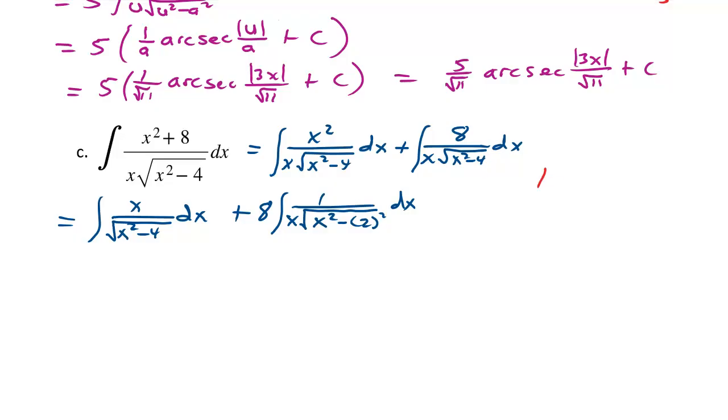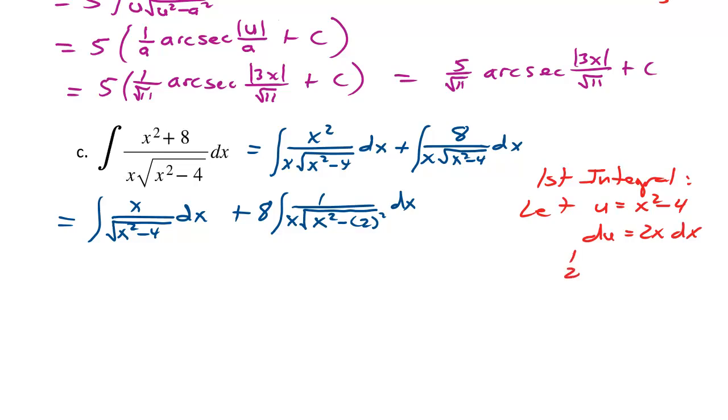Okay, so I'm going to do the first integral. I'm going to let u be x squared minus 4, and du is 2x dx. All right, so I got that x on the top, so to make it an x, multiply both sides by 1/2.